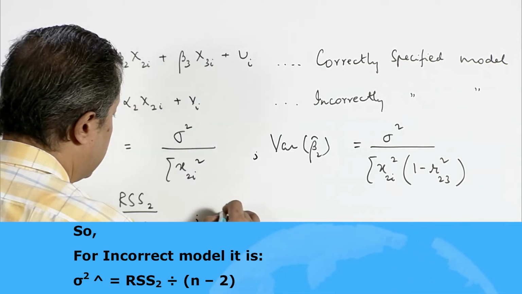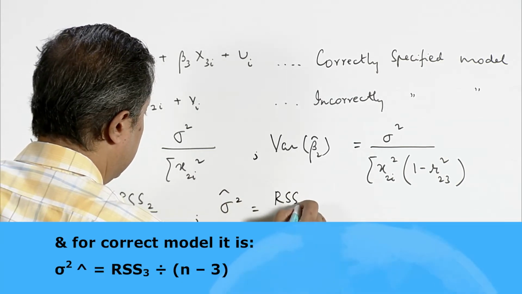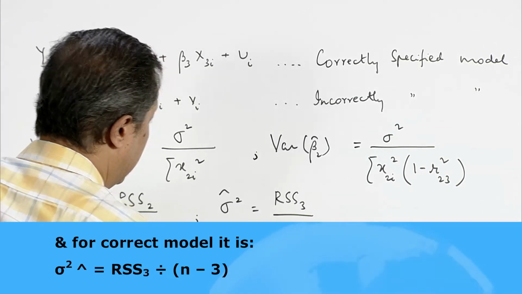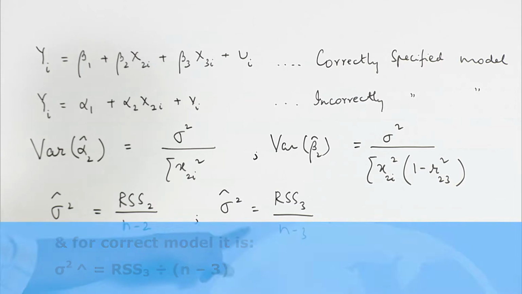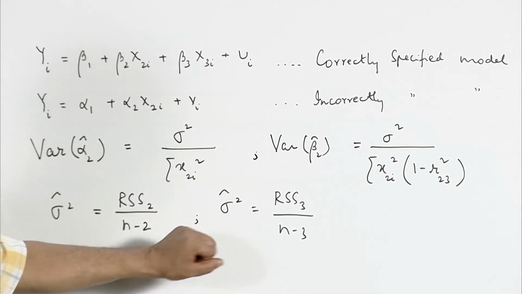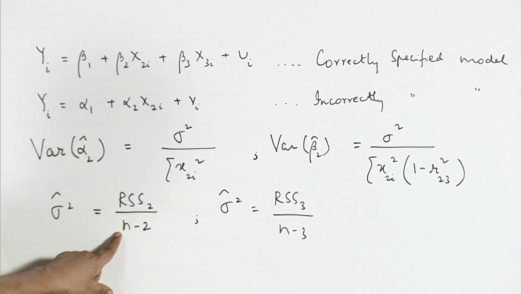Whereas, if we had gone for the correct model, then we would have had RSS with 3 variables divided by n minus 3. So, this is the correct estimate of sigma square hat. Expectation of this is equal to the true variance, whereas the expectation of the other is not equal to the true variance.